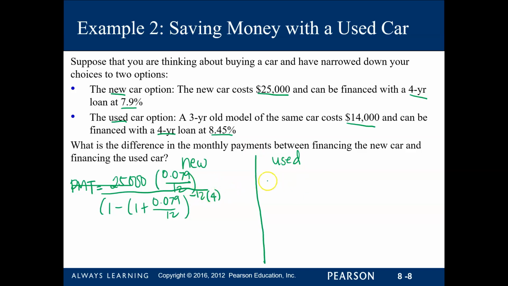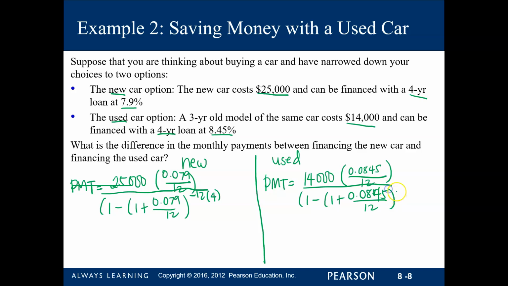On the other hand, for the used car, same setup, but the loan amount now is $14,000 and the rate is 8.45%, so 0.0845 over 12, divided by 1 minus (1 plus 0.0845 over 12) raised to the negative 12 times 4, again for 4 years.